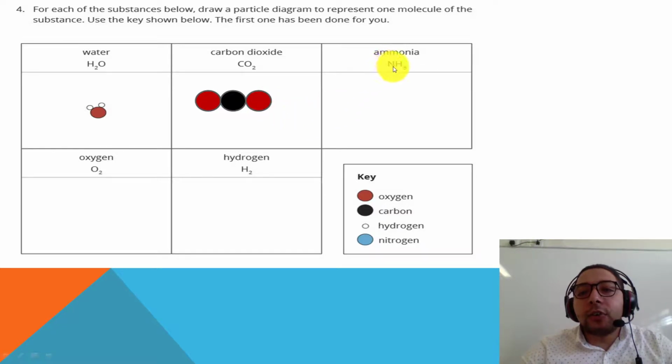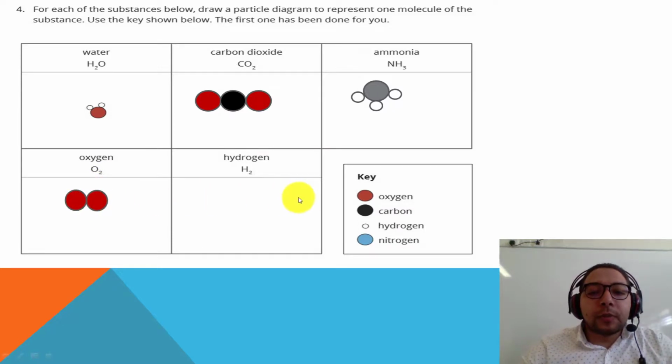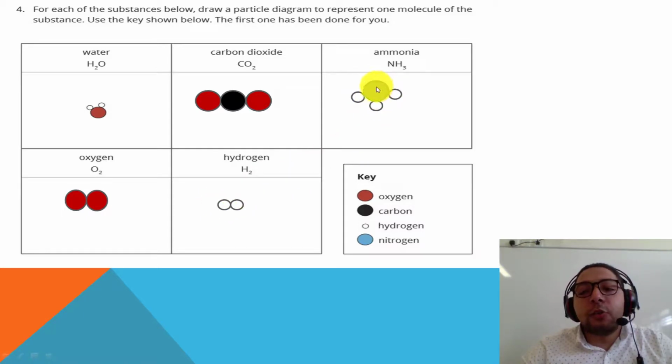Ammonia consists of nitrogen and 3 hydrogens. So we're going to get the blue circle in the middle. This needs to be blue, and 3 hydrogens surrounding it. And then oxygen, 2 red circles need to be next to each other, and then hydrogen, 2 white circles need to be next to each other. Please recolor this into blue.